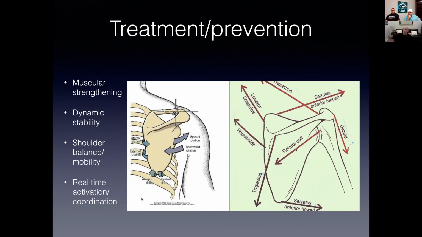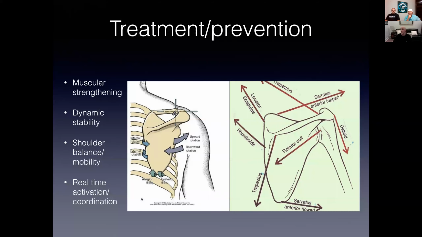But if you don't have the trapezius, the rhomboids, and the levator scapula elevating the shoulder blade, as you start to rotate this, if the shoulder blade doesn't rotate and clear out of the way, what happens? You get that internal impingement. So that's where the muscular forces can help diminish your chances for injury.